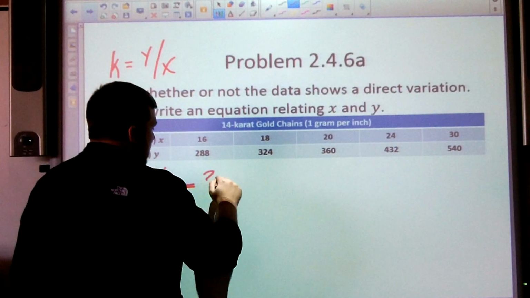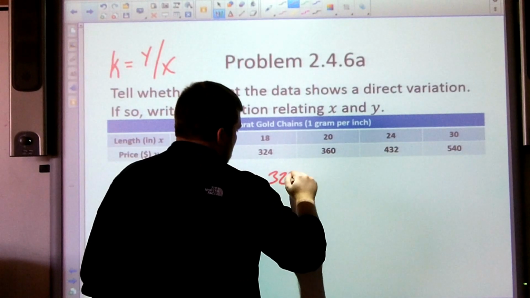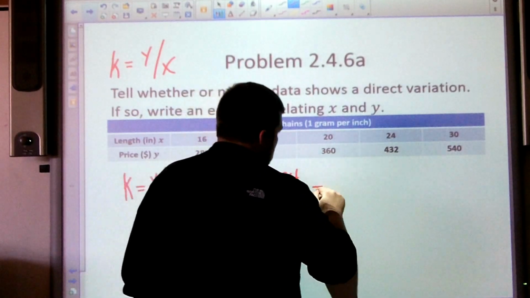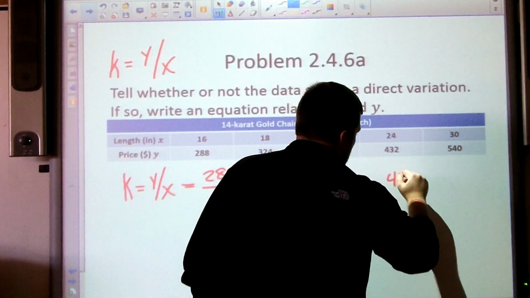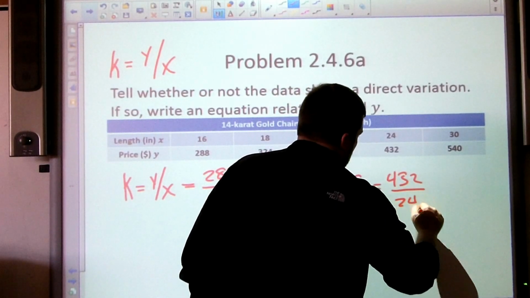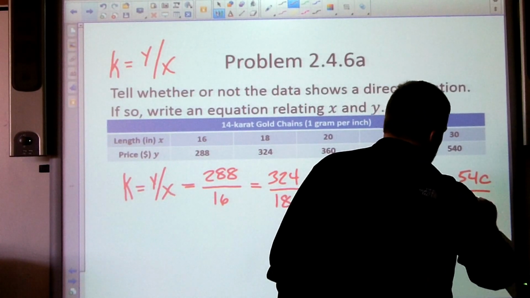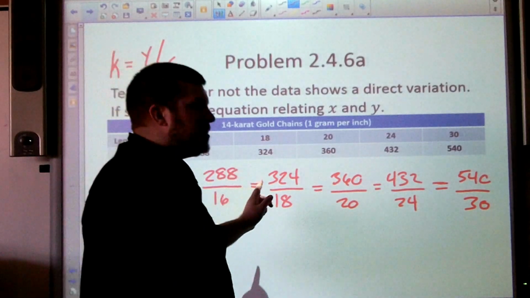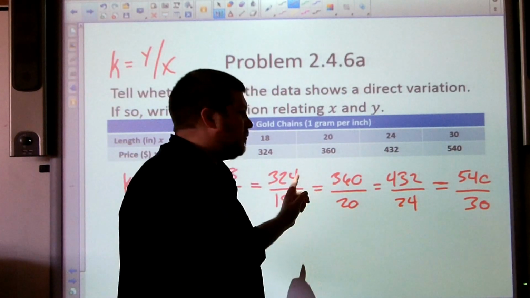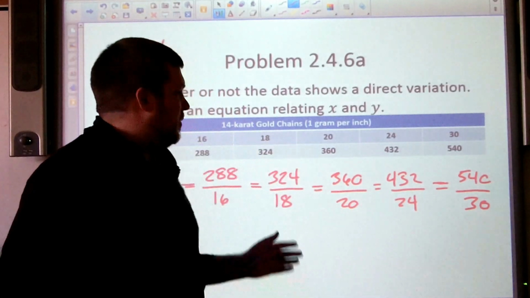In other words, all of these ratios will be the same. And do you need to check all of them? Absolutely, yes you do, because it only takes one to mess it up. If even one of these is not the same ratio, then it's not a direct variation problem.